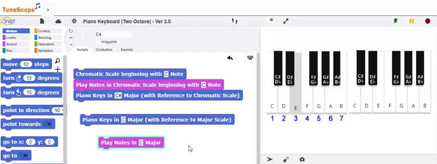And so in the Notes and Scales module, we're going to use this point of reference. We're going to pull out the major scales and there are 12, one beginning with each note of the 12 chromatic notes.